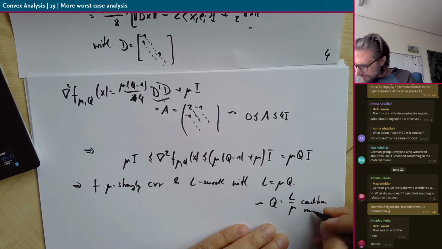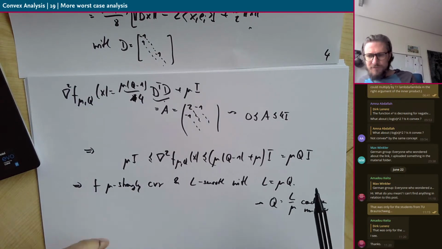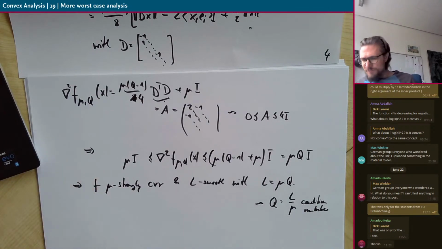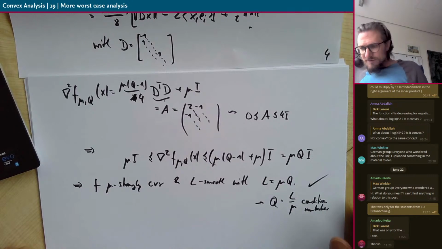And I think you already had that one. So in this case, for the function, we do not prescribe the constants of strong convexity and smoothness, but the constant of strong convexity and the condition number. Okay, so that is now checked. That works. That checks out.